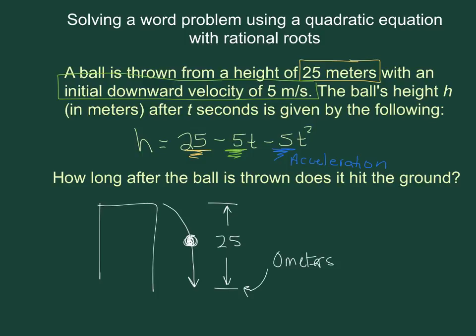So notice this problem is more about understanding what it's really asking. It's asking how long does it take for height to be 0, okay? That is what this is asking, because when something hits the ground, height is 0. So let's go ahead and just hammer through this and solve it.